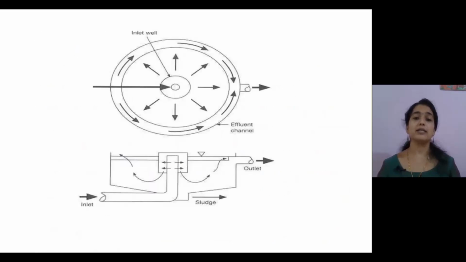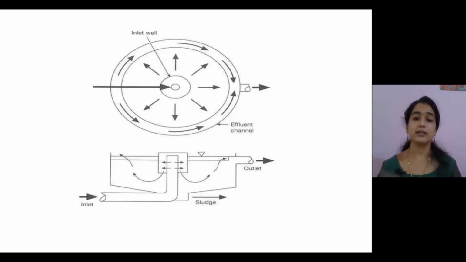The first figure is the top view of a circular basin. From this figure, you can see that the small circle in the center is the inlet pipe, and flow comes out through this inlet pipe and is distributed over the periphery of the tank, and the cleaned water is collected at the periphery of the tank and sent on for further water treatment processes.